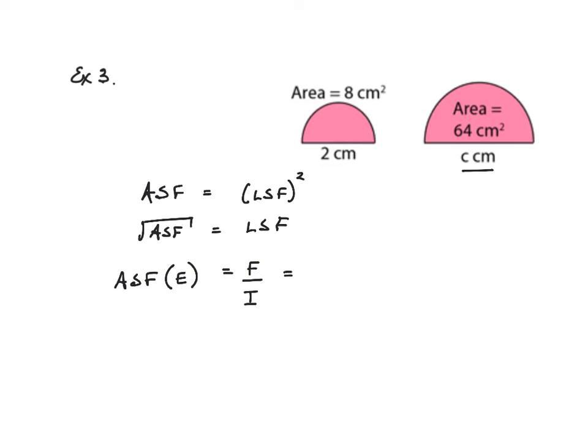So 64 over 8 gives us 8. So the area of B is 8 times the area of, well, we call that A and B.